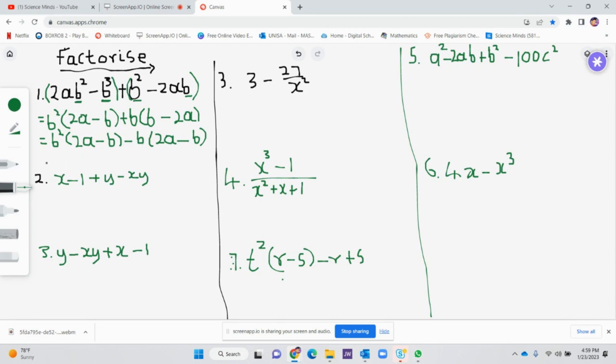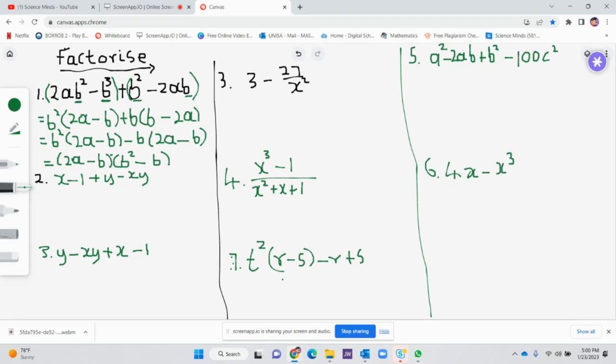Now we have a common factor. And this common factor is bracket 2a minus b. So this whole term, b squared into 2a minus b divided by 2a minus b, the bracket will cancel and then we're going to be left with b squared minus this whole term divided by 2a minus b, we will be left with ab.